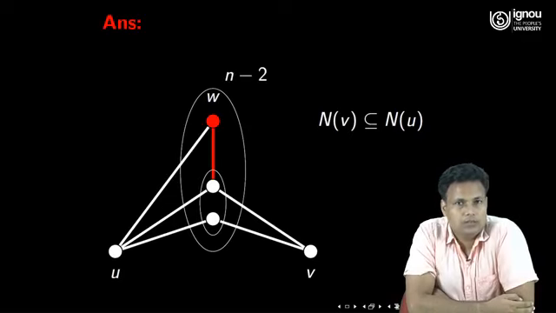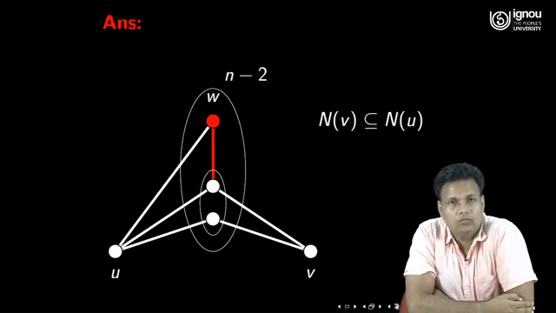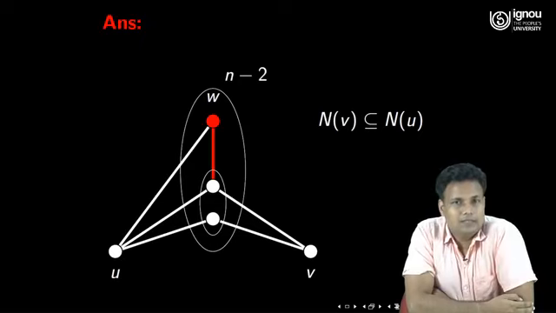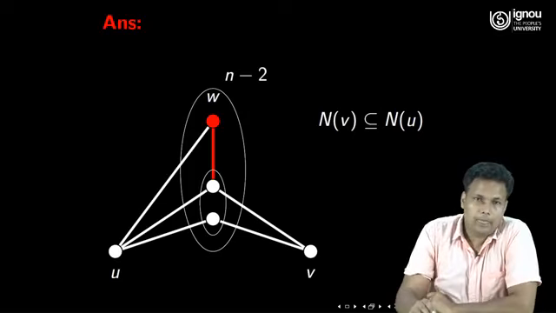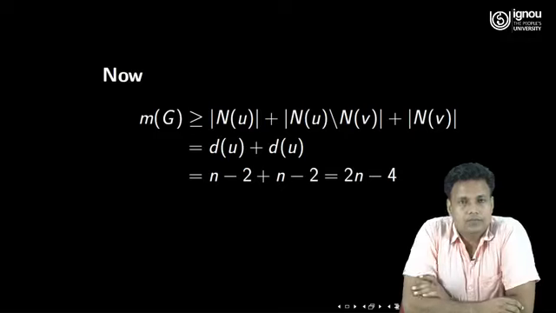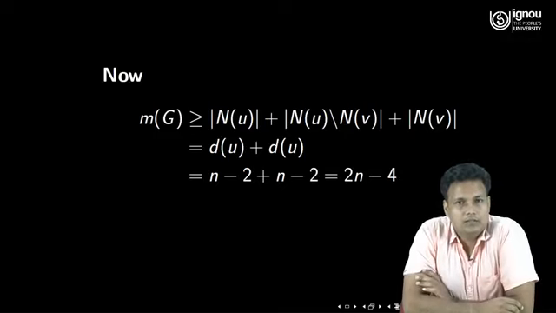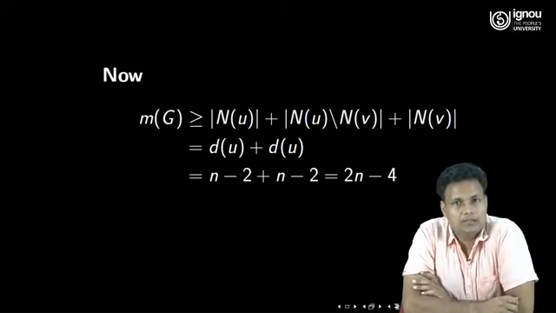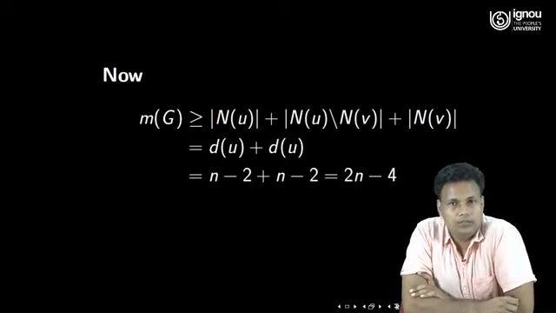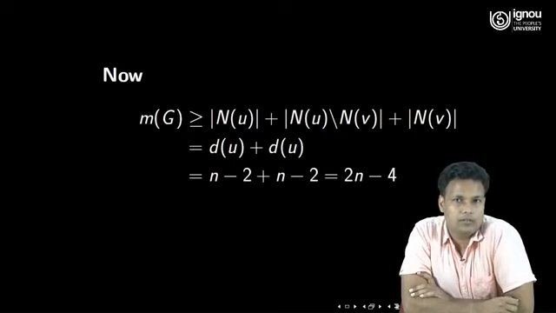The edges due to the neighbors of u, the edges due to the neighbors of V, and the edges which are due to the neighbors of u which are not the neighbors of V. So we have m(G) is at least the cardinality of N(u) plus the cardinality of N(u) minus N(v) plus the cardinality of N(v).